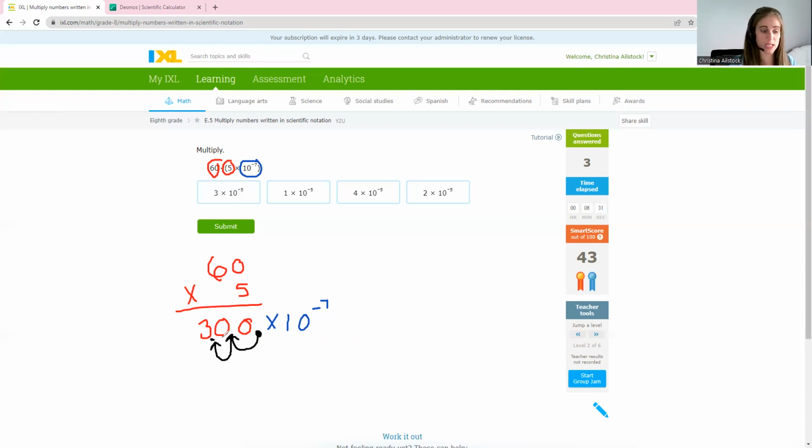But because I moved my decimal point 2 places, that affects my exponent, because in scientific notation only, that exponent refers to how many times that decimal point is moved. So if we moved it 2 places, we need to add the 2. -7 plus 2 would be -5.